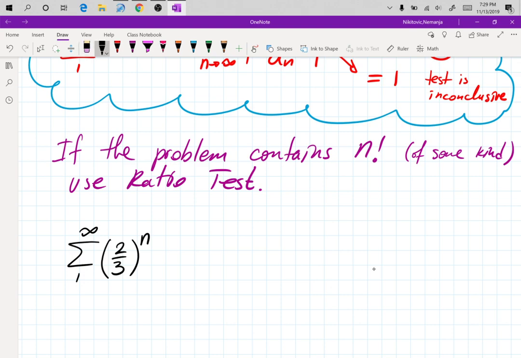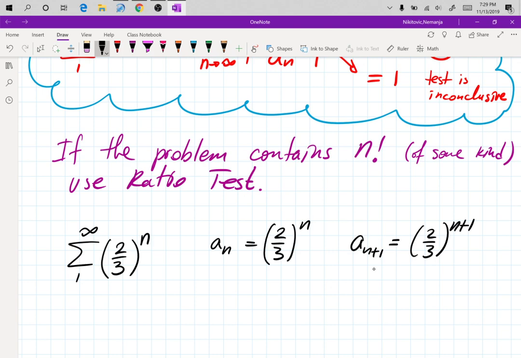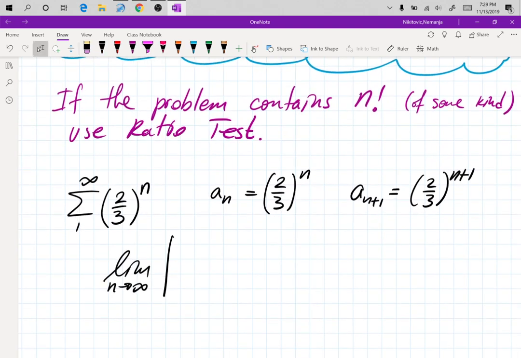So thank you. Now, a_n is given as (2/3) to the n. I need a_(n+1), which would be (2/3) to the n+1. Limit as n goes to infinity. These absolute values are not here for decoration, and you will see why in chapter 11.